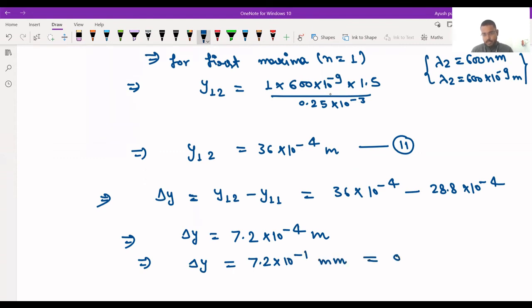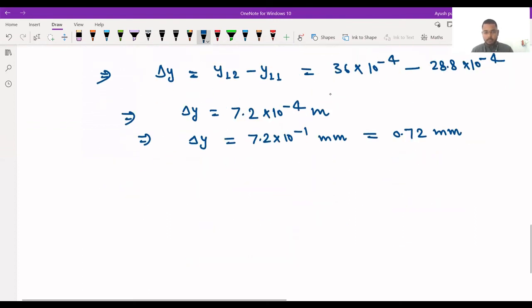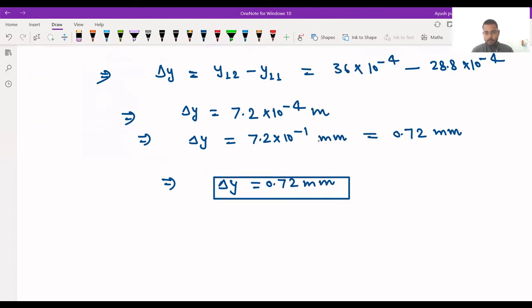So you can write it 0.72 millimeter. Okay. So this will be your answer. Delta y is equal to 0.72 millimeter. So I am putting it in the box so that you get a better idea. So this will be your answer.